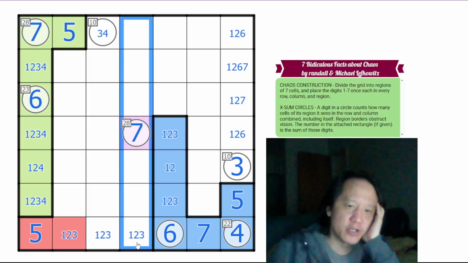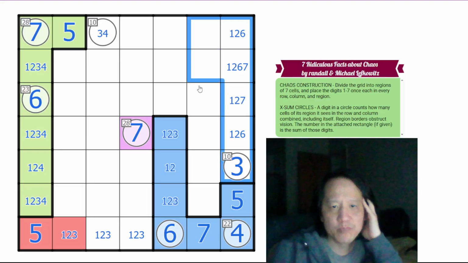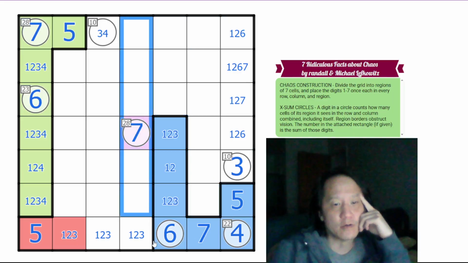Can this go straight up and down? I think the answer to that is no. 1, 2, 3, 4, 5. So 5 plus 6 is 11, 12, 13, 14. Oh, wait, no, it could go all up and down.